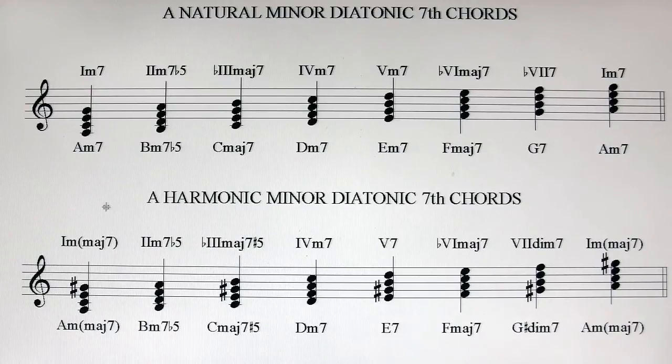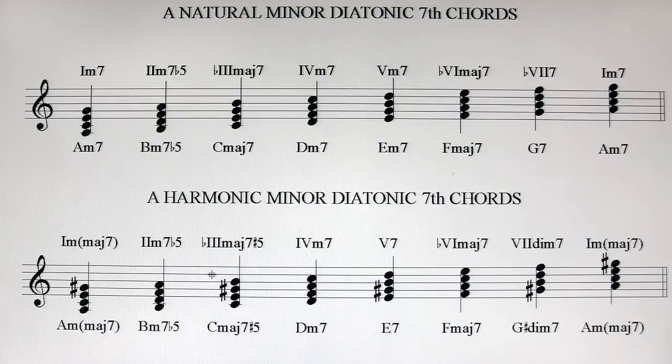So how many different types of chord are we talking about? 1. This is still 1 because these are minor 7ths. There's a minor 7 flat 5. There's only one of those, so that's 2 types of chord so far. C major 7th and F major 7th are both the same type, so that's 3 types of chord. And there's our G7th, gives us 4 types of chord in the natural minor scale.